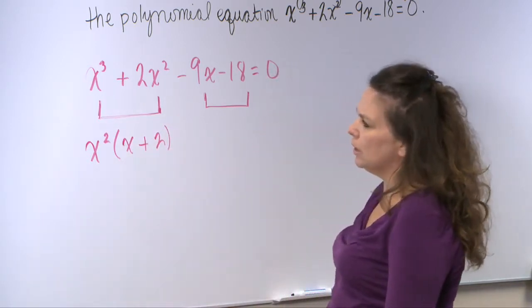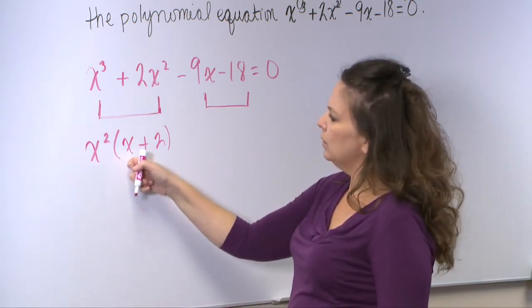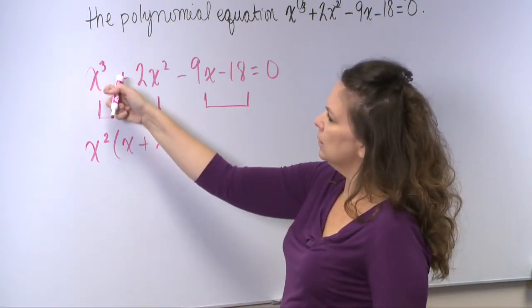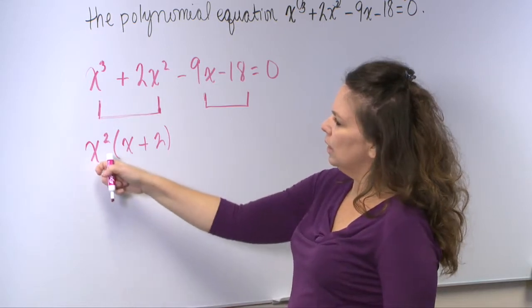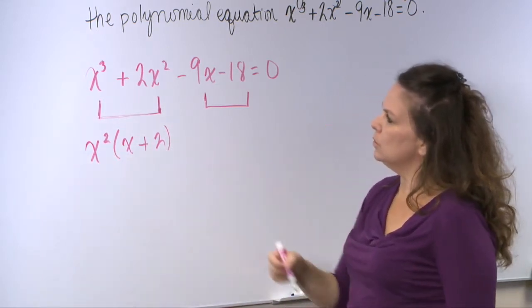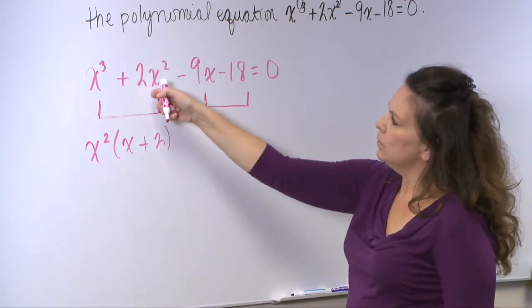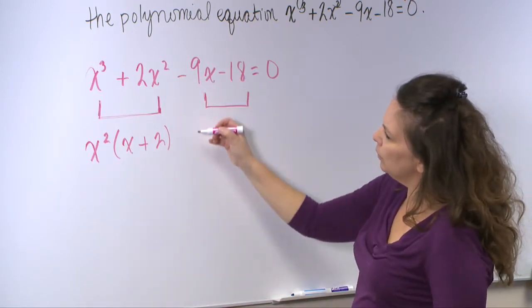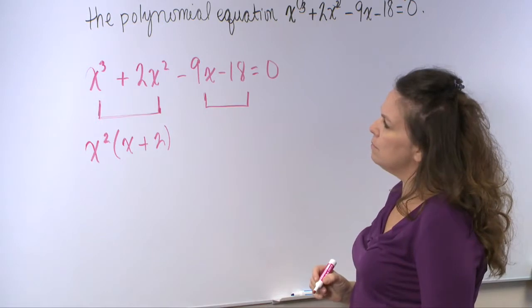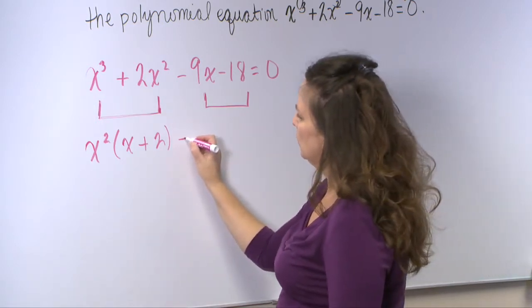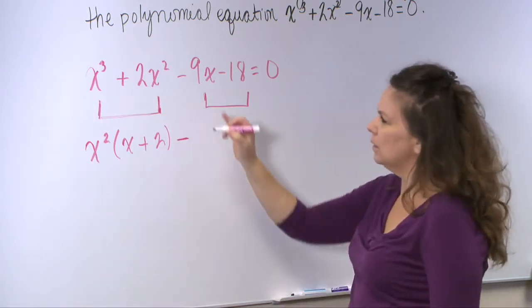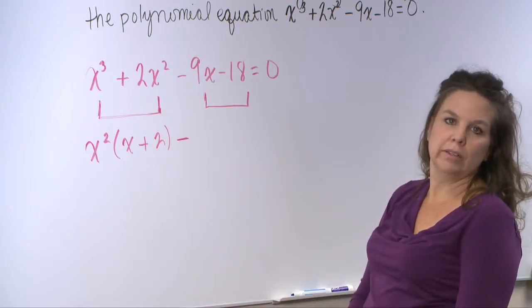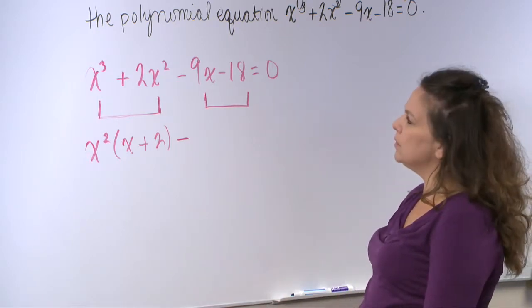I'll take a moment to check this. X squared multiplied by x is x cubed. X squared times 2 is 2x squared. Now I'm going to go ahead and bring the sign down that's in the middle here, which is the subtraction symbol, where I can think that I'm going to factor out a negative from the second two terms.